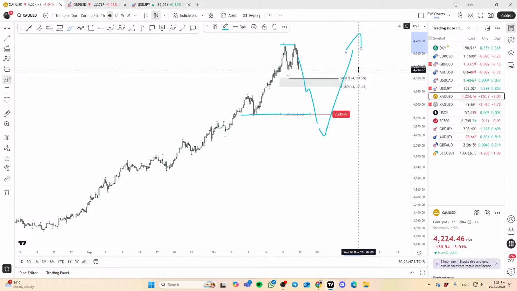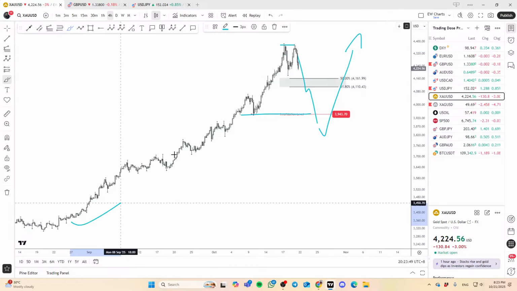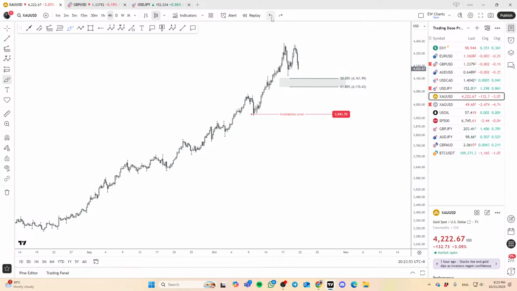Okay. The reason for that is because this has really extended quite a bit. Okay, and I'm again just mentally prepared that gold might go into a big consolidation phase or even quite a meaningful pullback before the continuation. Okay. Yeah, so just bear that in mind.